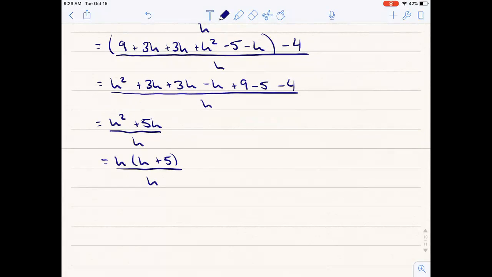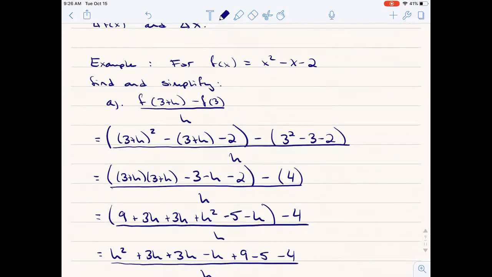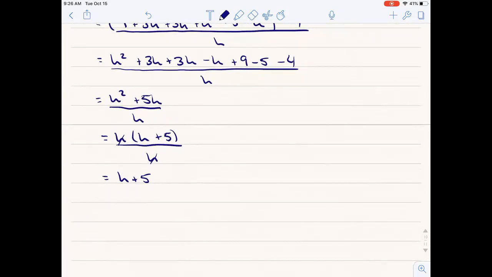You're going to be able to cancel that h in the denominator. So we get h plus 5. So that is the difference quotient of f of 3 plus h minus f of 3 over h. It just undoes itself to h plus 5.